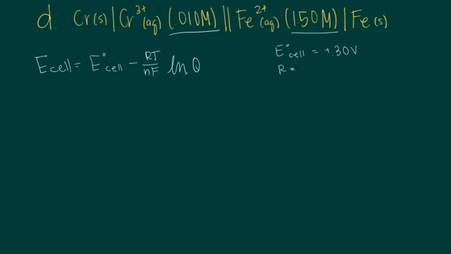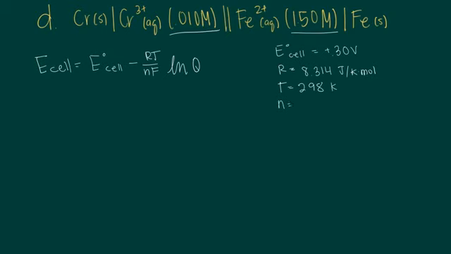R, which is the gas constant we are going to be using, is 8.314 joules per Kelvin mole. We can assume that this is under room temperature, which is 298 Kelvin.